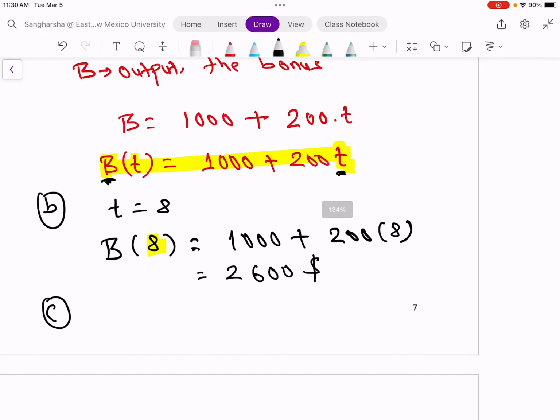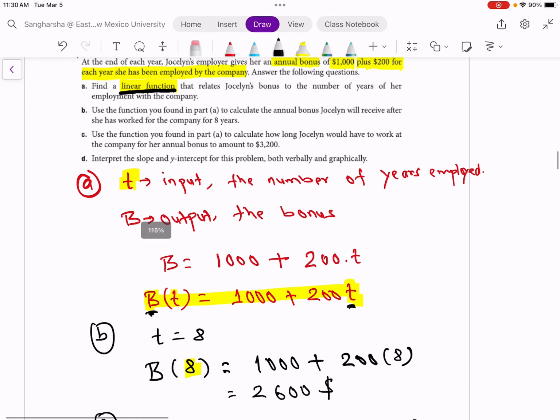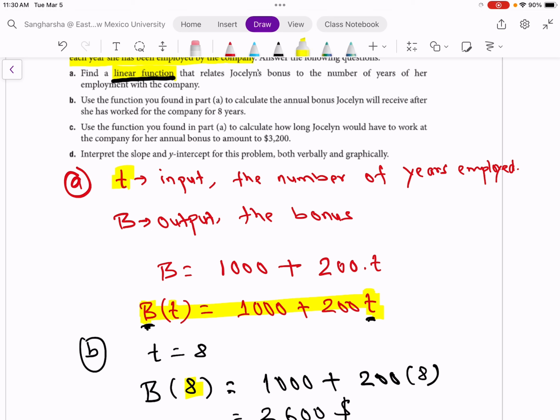Are we asked to find the input or output? Are we finding the bonus or time? Time, right? And what is given to us? The 3200, the bonus, right?